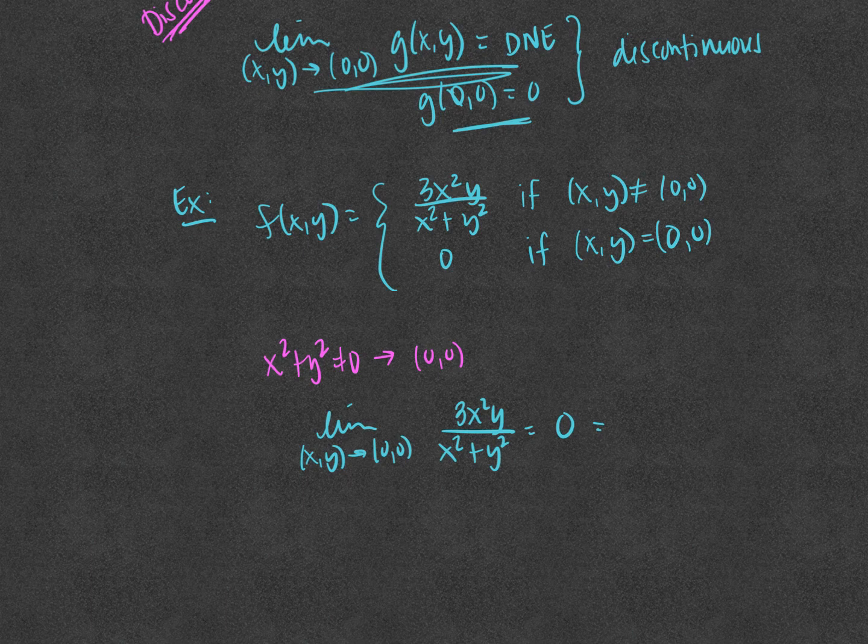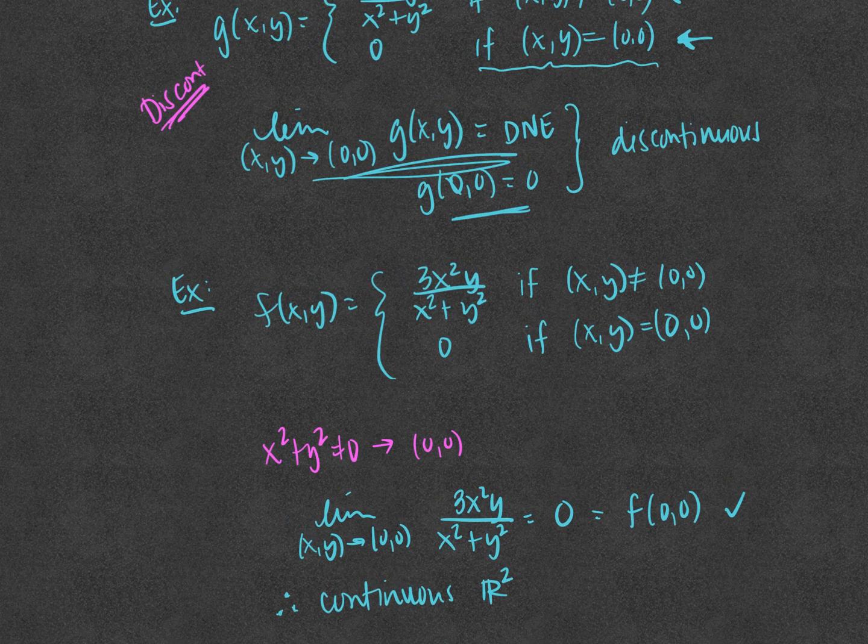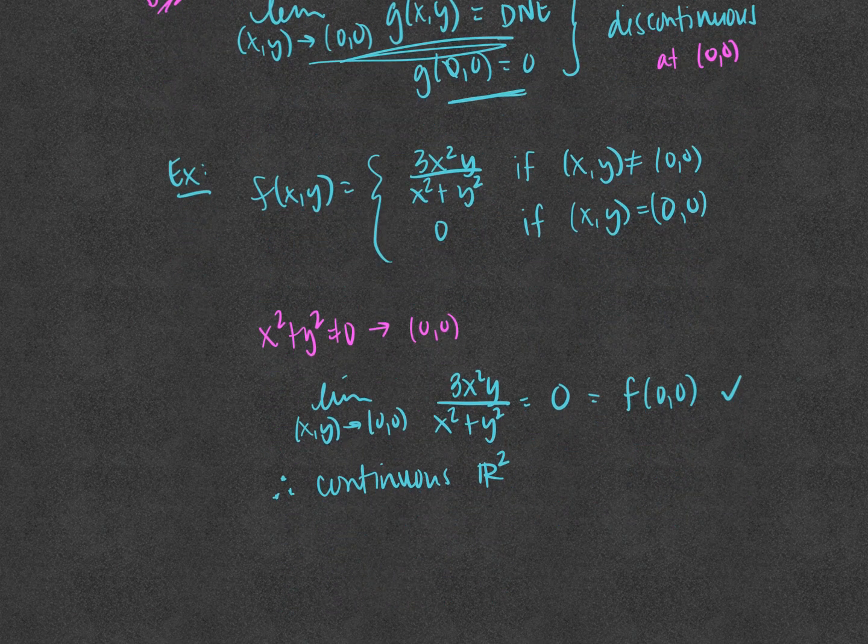That's actually equal to f of x,y at 0,0. So yes, we have continuity here. This graph is continuous for all real numbers in 2-space, continuous on R2. Up in the previous one, I should have written in: discontinuous at 0,0. So this one is continuous on R2.